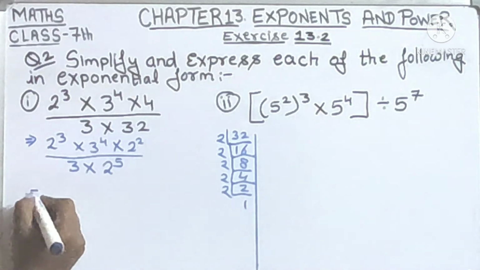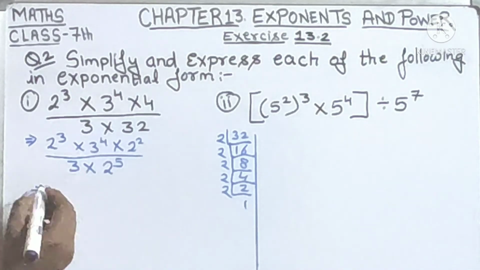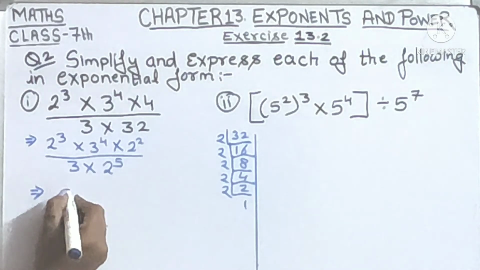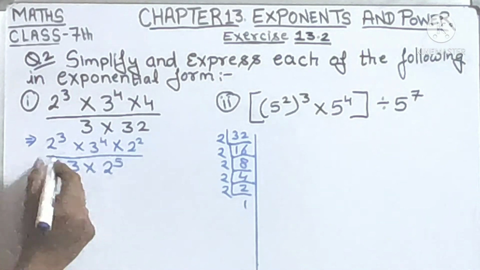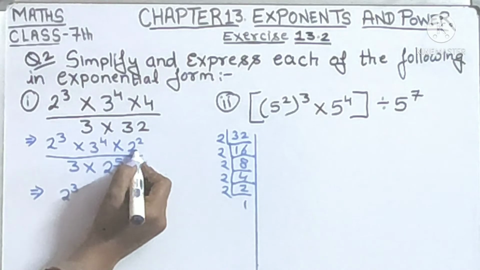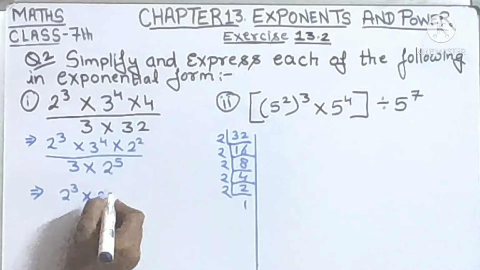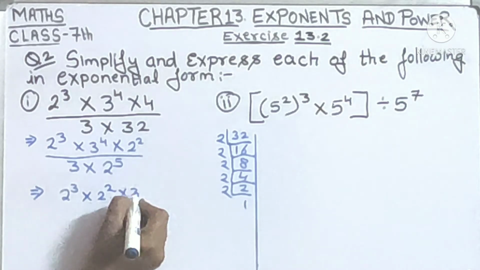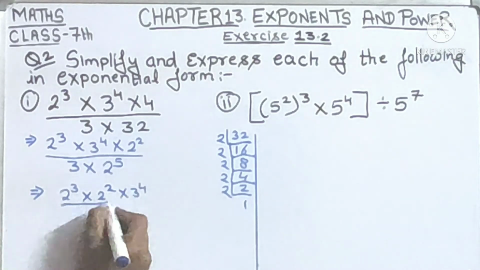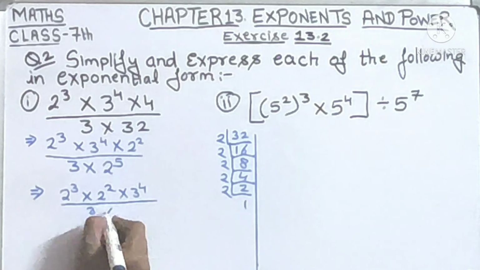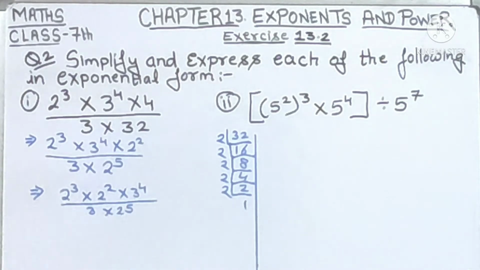Now we will use the laws of exponent. First of all, 2 raised to the power 3 is given. Can you see the similar number? Yes, here 2 raised to the power 2. So we can write 2 raised to the power 2 into 3 raised to the power 4. We have arranged the numbers. Now, 3 into 2 raised to the power 5 as it is.